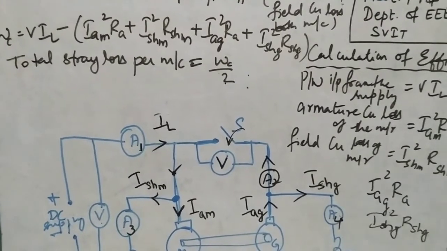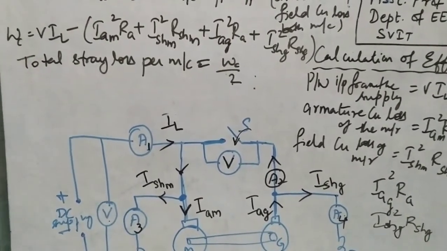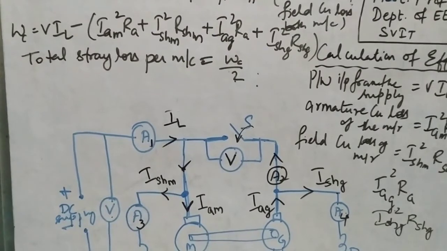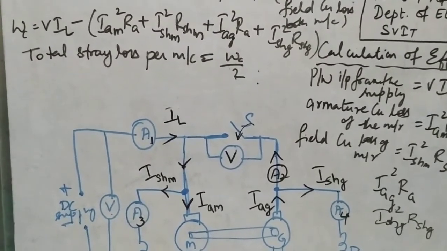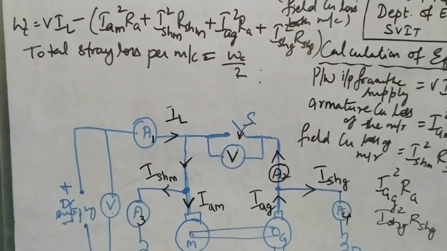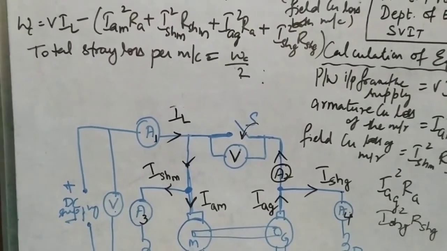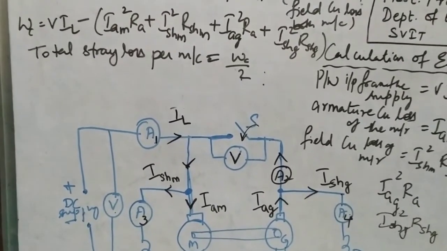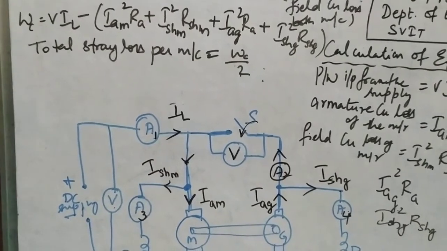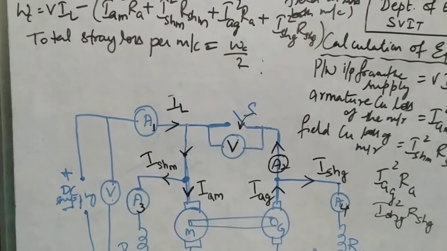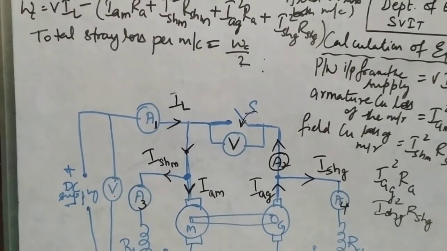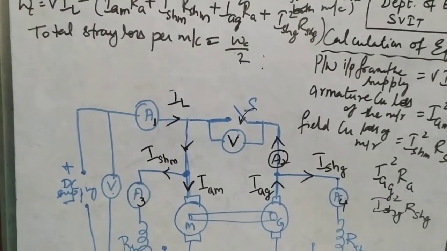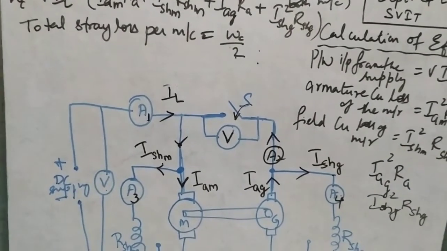Now let us determine the efficiency. Always the first step is to determine the stray loss, whenever you want to find out the efficiency. So this is how the calculation you have to carry out. Now let us find out the efficiency of the machine when it is acting as a generator.